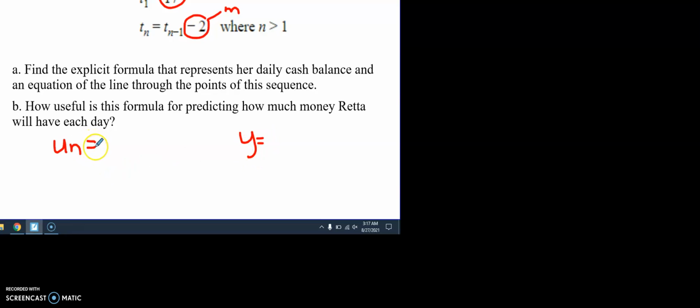So u of n is equal to our starting value, which is $17, minus 2 times n. So each day, the value of her money is going down $2. For the linear equation, it's y equals mx plus b. So it's y equals -2x plus 17.